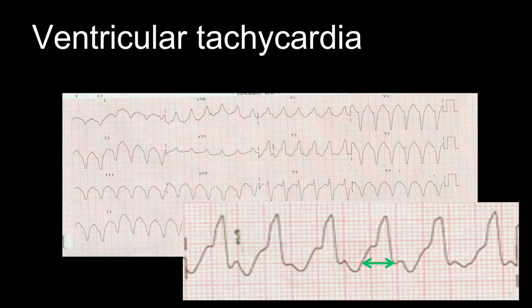This is very likely to be ventricular tachycardia, and the reason the QRS is broad is because the rhythm is originating away from the AV node. So the reason the QRS is broad is the same as complete heart block, but in this case, of course, the rhythm is much faster. Again, an emergency ECG must be recognized and treated quickly.